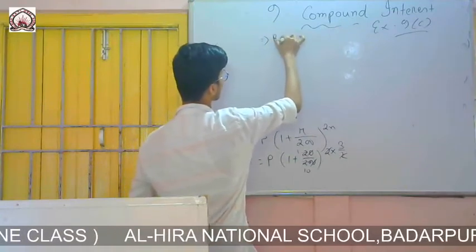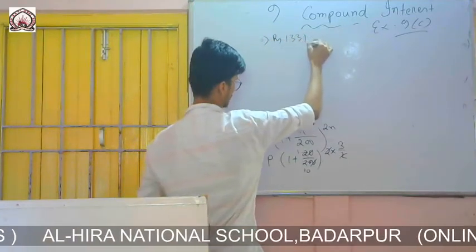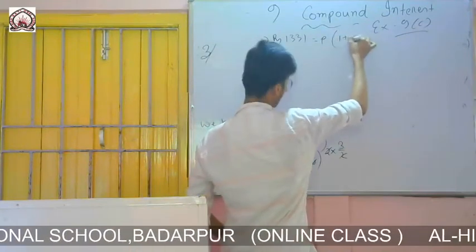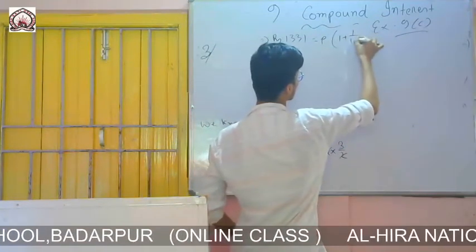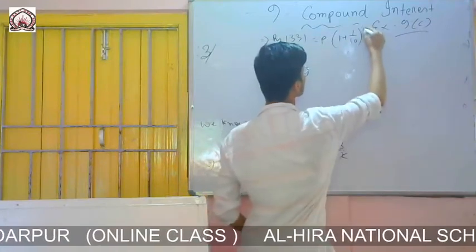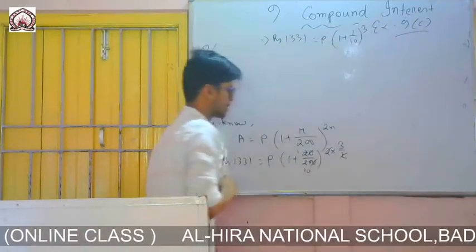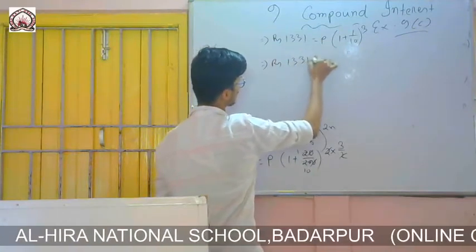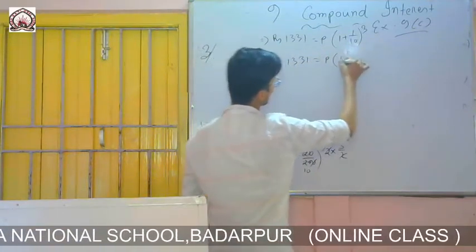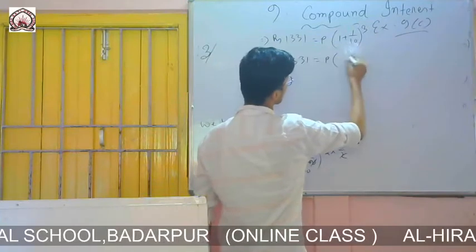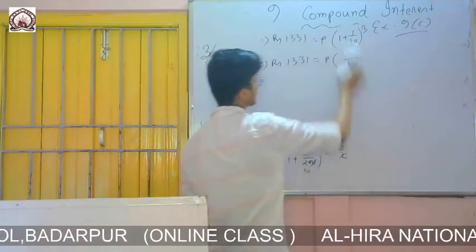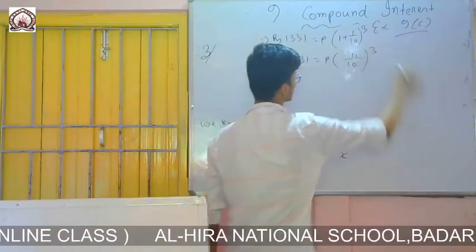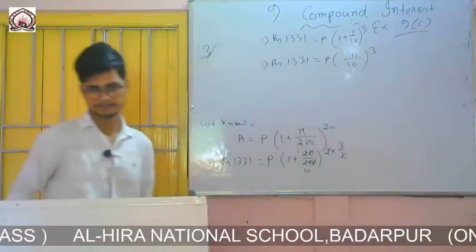Implies rupees 1331 equals P into 1 plus, there is left only 1 by 10 and the power 3 by 2 2... that is, 1 plus 1 by 10, which I can write as, if I take the LCM 10, it will be 10 plus 1, 11 by 10, to the power 3.